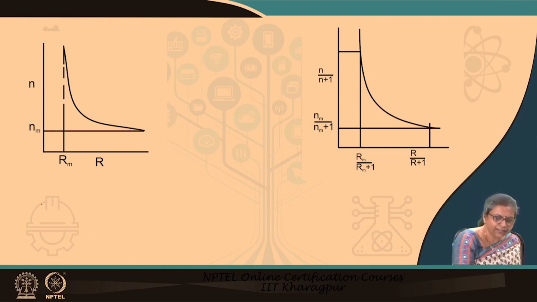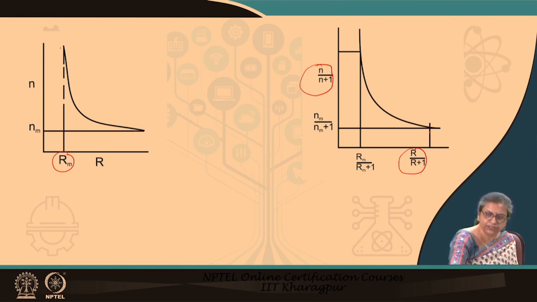Normally we find that with increase in reflux ratio, as you know, for very low reflux ratio at Rm, N goes to infinity and then it falls, asymptotically in this particular way. In order to fix the limits at the two ends, generally we plot N by N plus 1 as a function of R by R plus 1, and the graph can be generated.